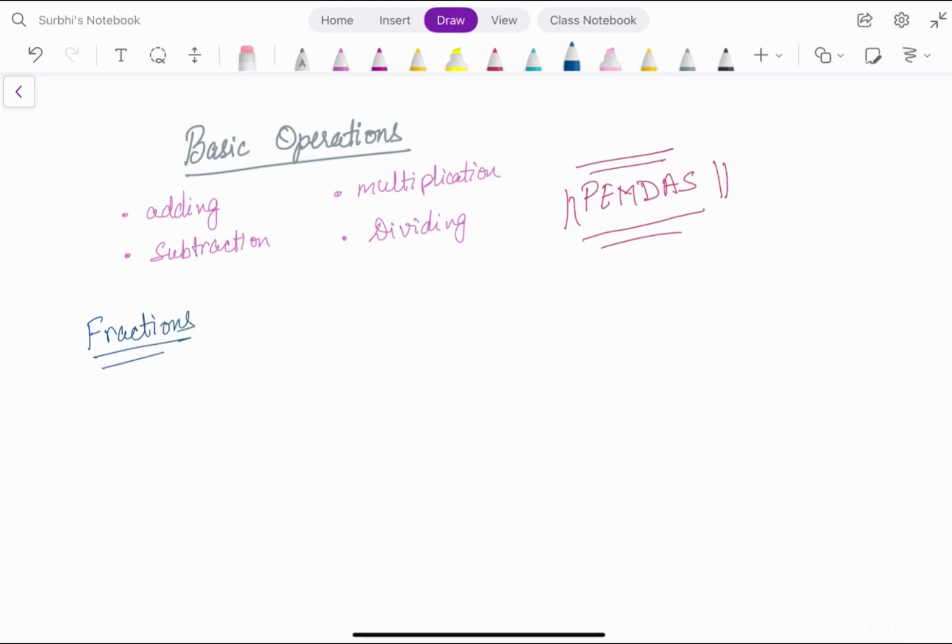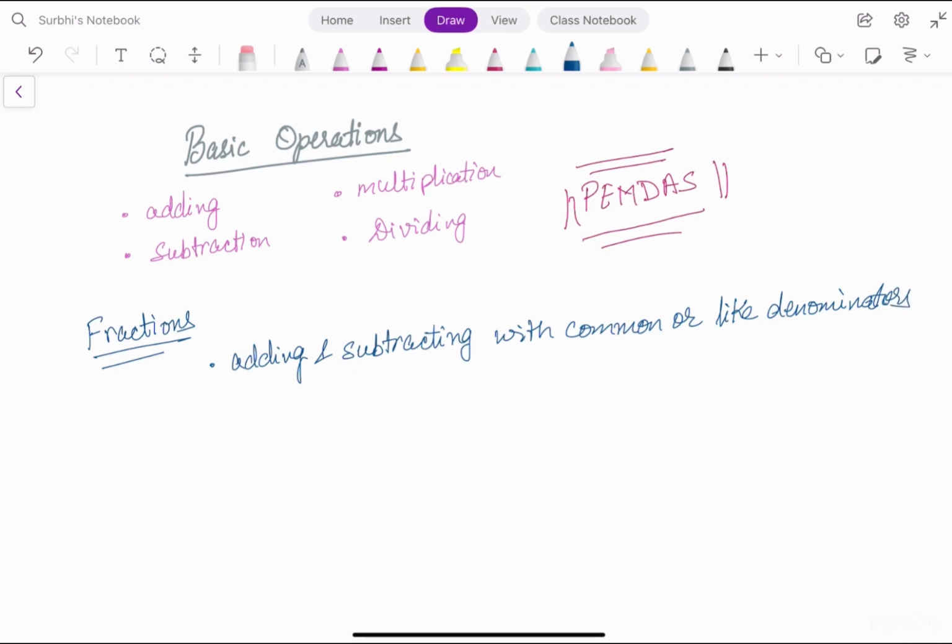When we are talking about fractions, we can talk about adding and subtracting in 2 different ways: when the denominators are the same and when the denominators are different. So let's discuss the basic operations of fractions, starting with the common denominator.